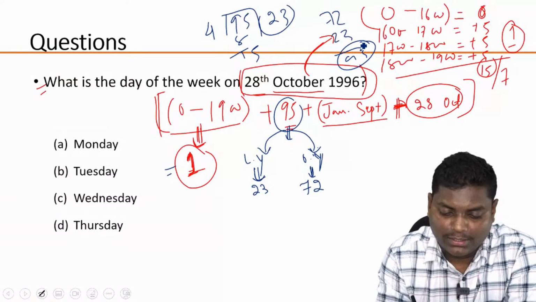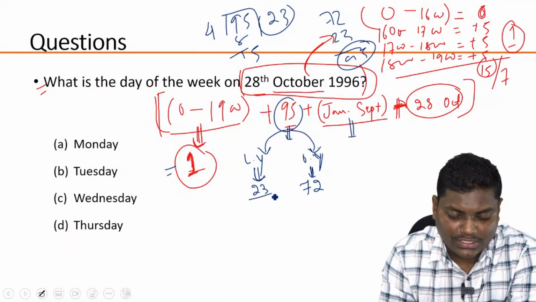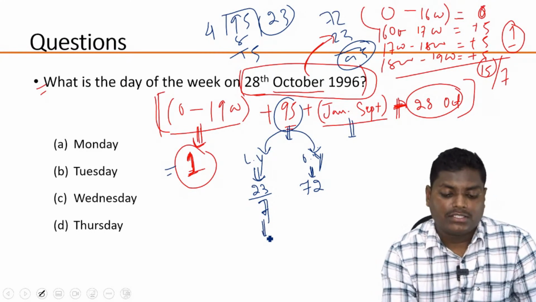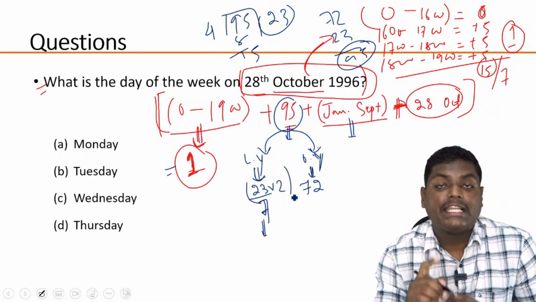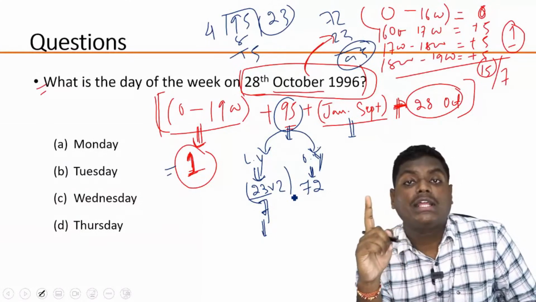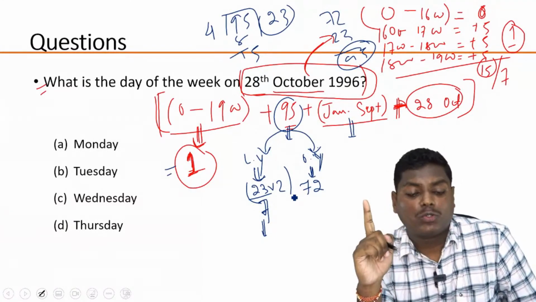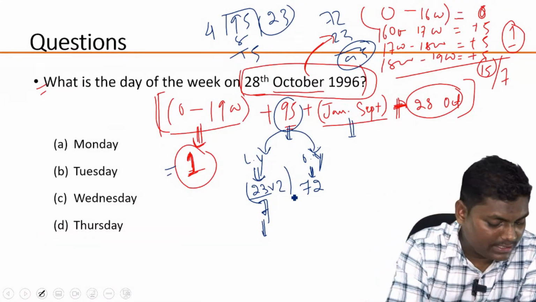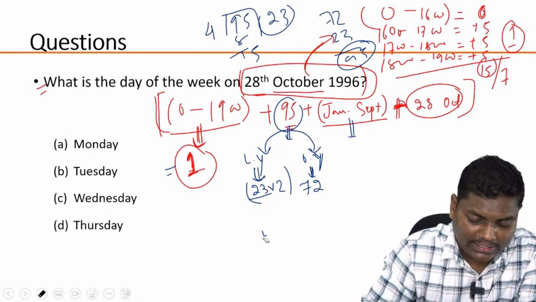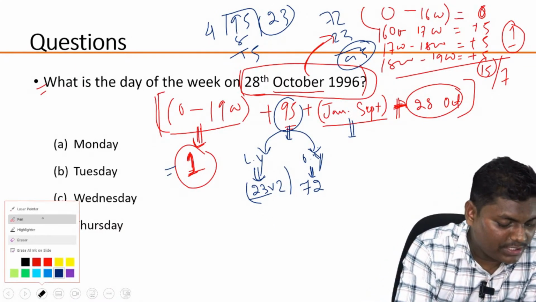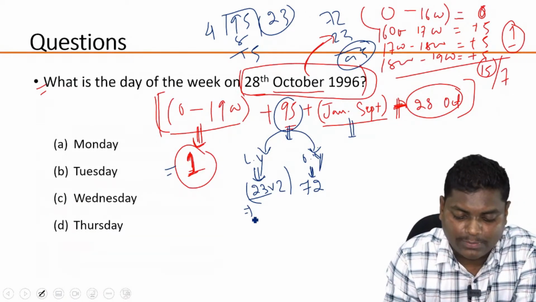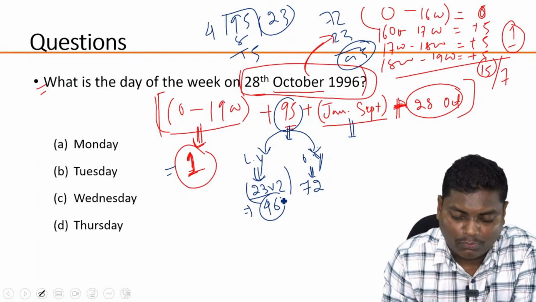Now it is important to see that in a leap year we have 2 odd days. So from 23 leap years in 95 years, we'll be getting 46.